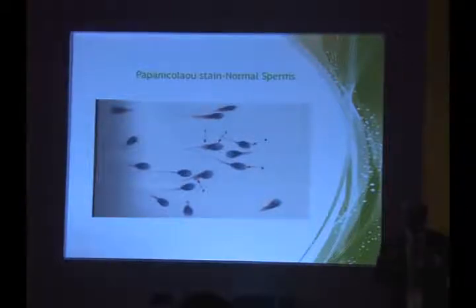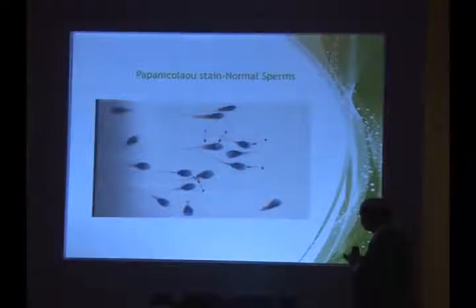The cytoplasmic droplet at the junction of sperm and the tail cannot exceed the sperm head size, so very easy to judge, and the length of the tail is around 45 microns. These form the basis of what constitutes morphologically normal sperms.